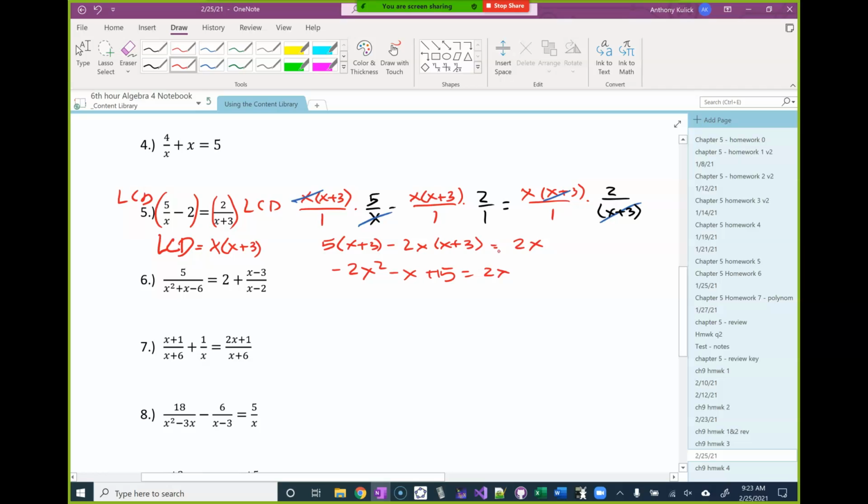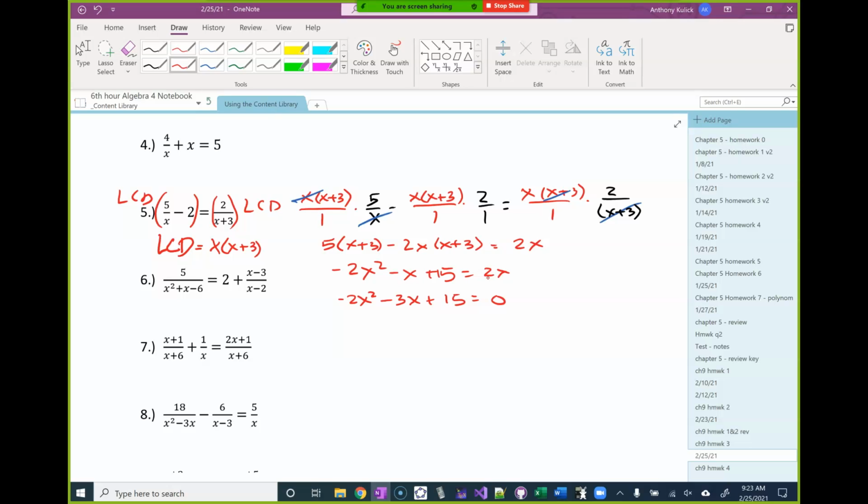To solve a quadratic, it has to be equal to 0, so I'm going to subtract the 2x from both sides. And then I can either try to factor this, which it may or may not be factorable. It's tough to tell because the leading coefficient isn't 1. Or I can use the quadratic formula, which is probably what I would do if it's me in this situation, because to factor this, I'd have to do the long version of factoring.